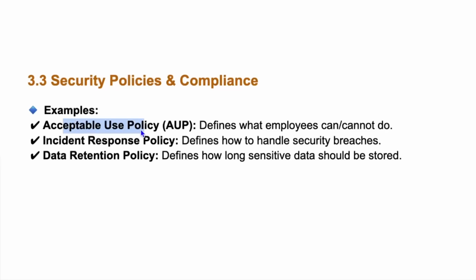So the acceptable use policy: don't use your laptop for porn, right? Or don't visit certain websites when you're on the work computer, anything like that. You can't use the printer in your office to print the flyers for your next party. Like certain things where it's like, there's certain use cases for the equipment inside of this place.